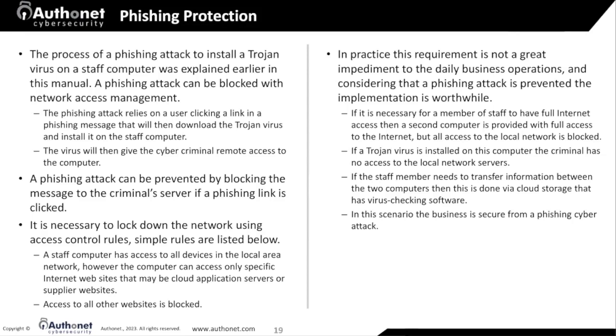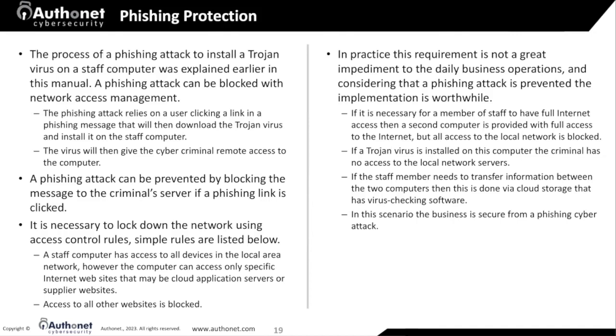Access to all of the other websites is blocked. What this means is that if a member of staff receives a phishing message and clicks on the link, the browser cannot communicate with the server or the computer that is hosted by the criminal. And so the Trojan virus cannot be installed.